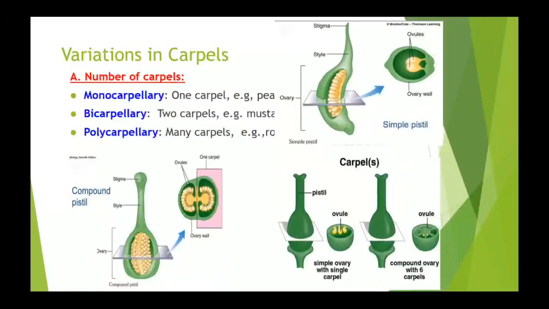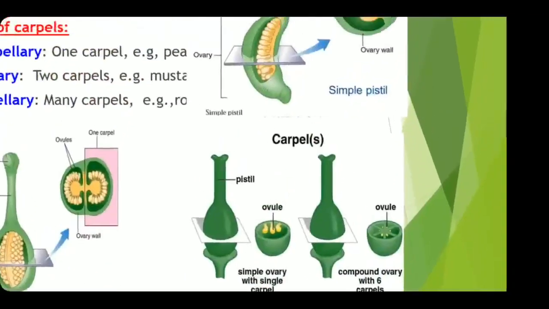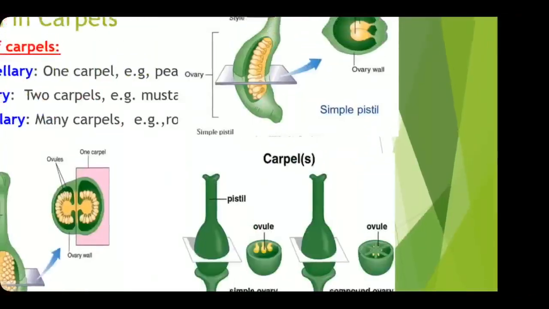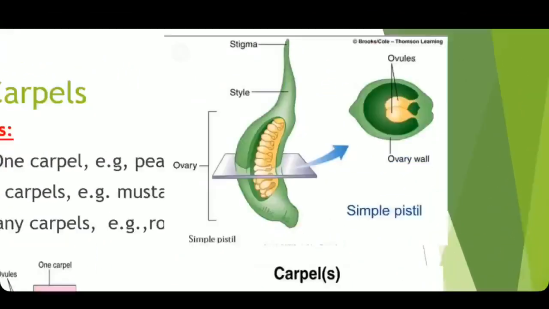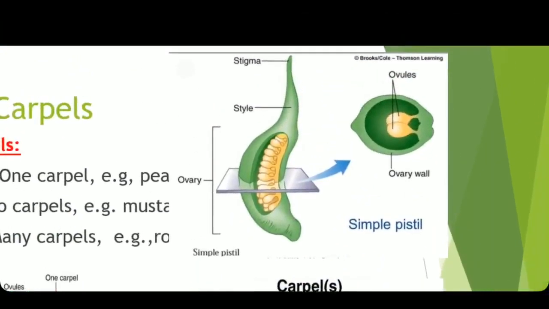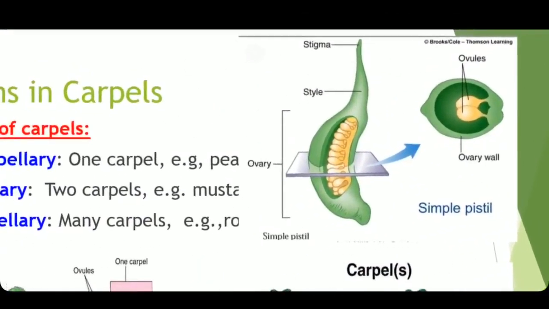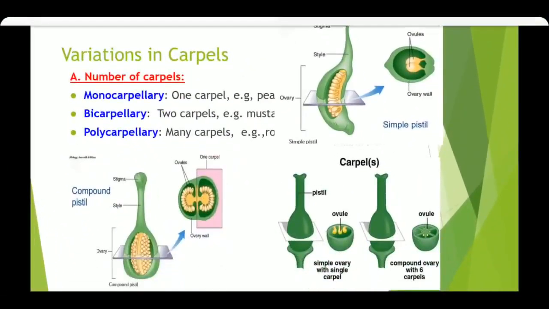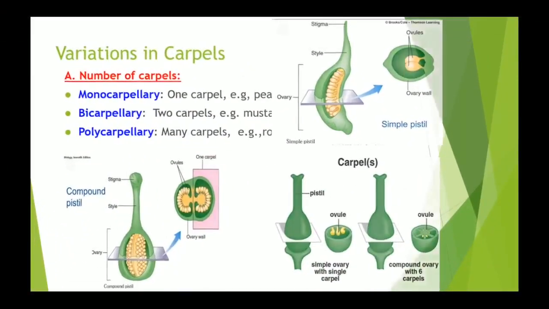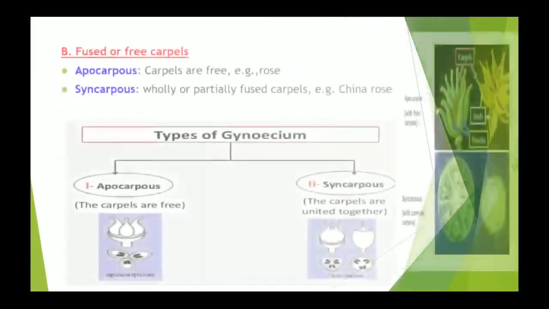Monocarpellary: if the pistil consists of only one carpel, see this picture. If one carpel is there, then we can say it is monocarpellary. If the pistil is composed of two carpels, as in this picture.